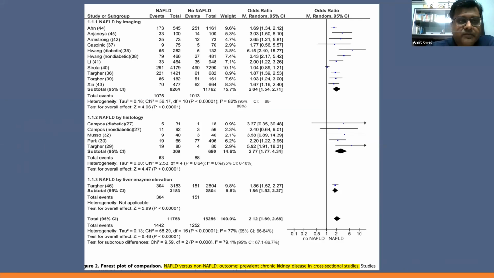By all three categories of diagnosing NAFLD, you can see that the prevalence of chronic kidney disease was higher in fatty liver disease as compared to the non-fatty liver counterpart. The risk was 2.04, 2.77, and 1.86. Overall, the risk was 2. So patients with fatty liver disease are at least at double risk of developing chronic kidney disease as compared to those with normal liver.